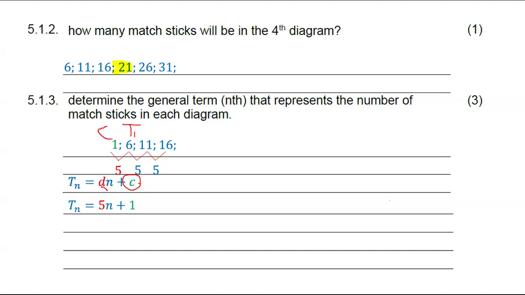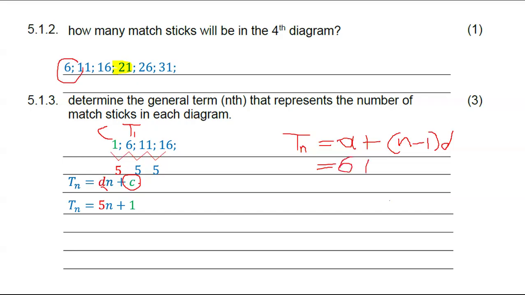If you did not use that, you would have used this: Tn equals a plus (n minus 1) multiplied by d. a is the first term of the sequence, which is 6.